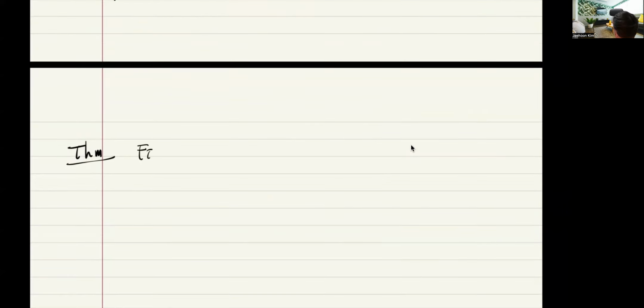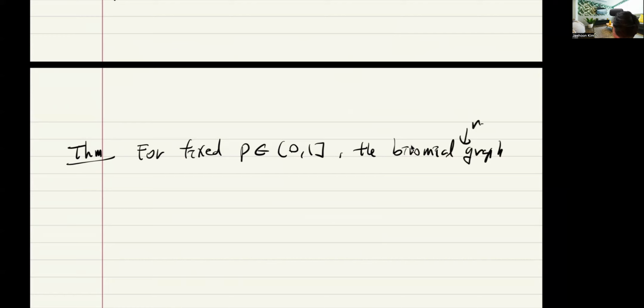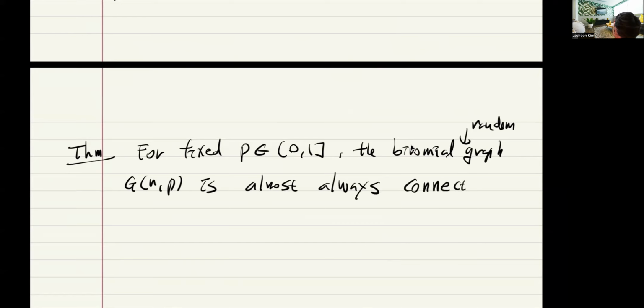In other words, if we just consider a fixed constant p between 0 and 1, this constant function always makes the binomial random graph, G(n,p), almost always connected.